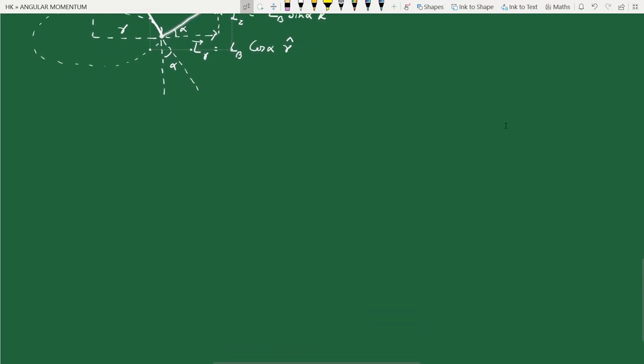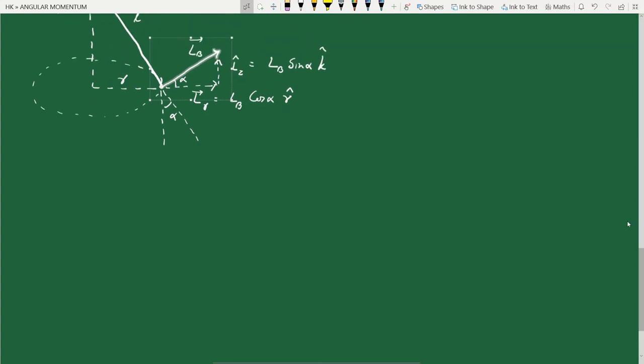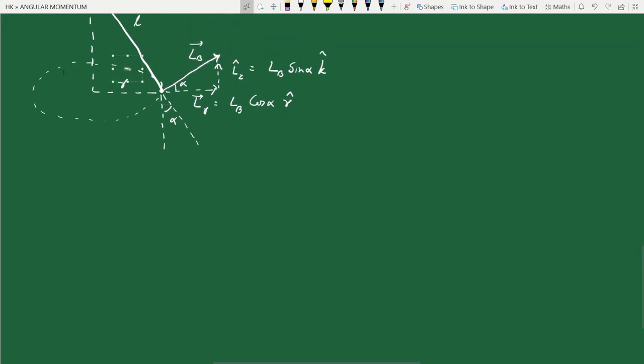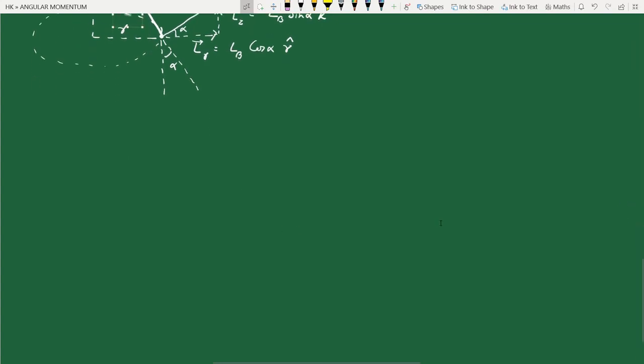See, let us look at it like this. I am considering this plane now, this circular plane. This is the circle traced by the bob. Let's assume that.